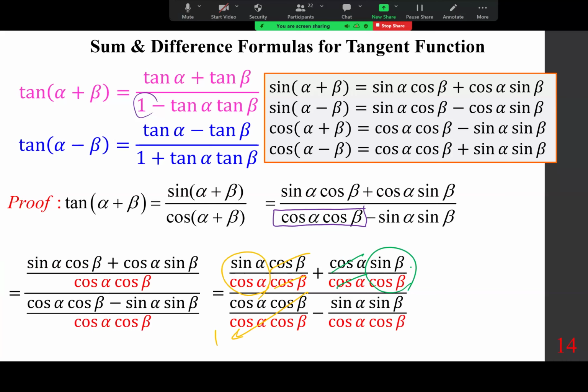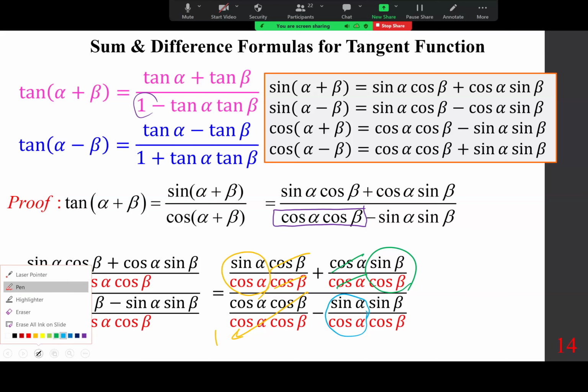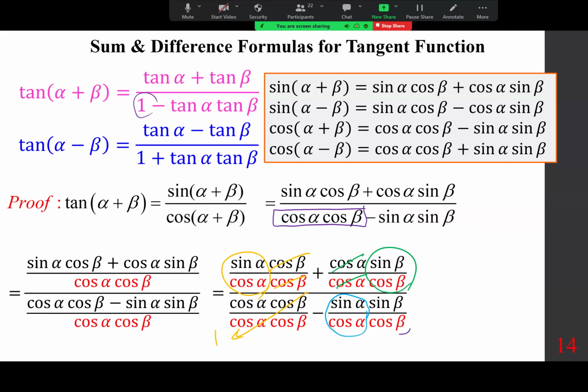Sine beta over cosine beta is tan beta. Denominator, sine alpha over cosine alpha is tangent alpha. Sine beta over cosine beta is tangent beta. And that's the proof.